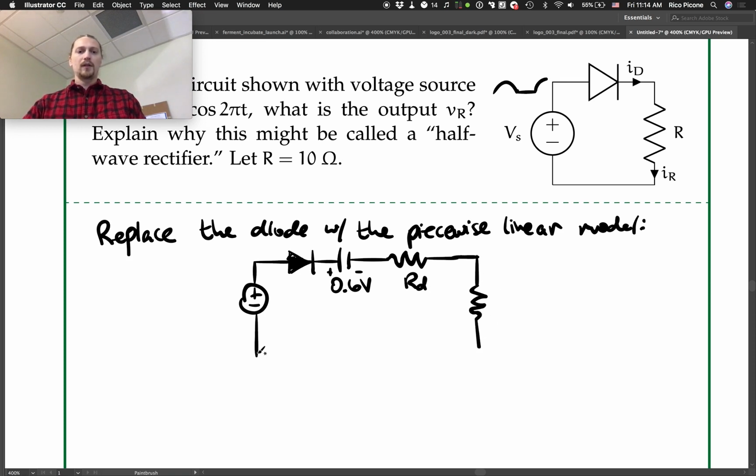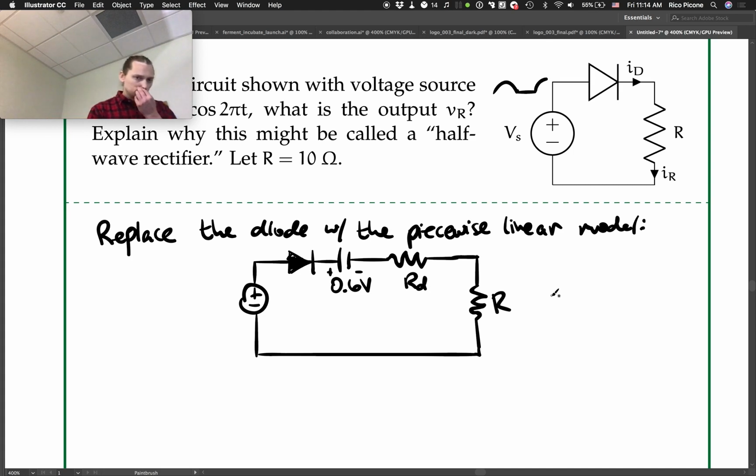So that's our circuit that we're going to analyze, where this is the original resistor R. This is, of course, Vs.